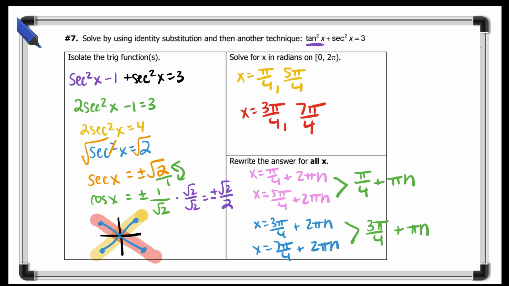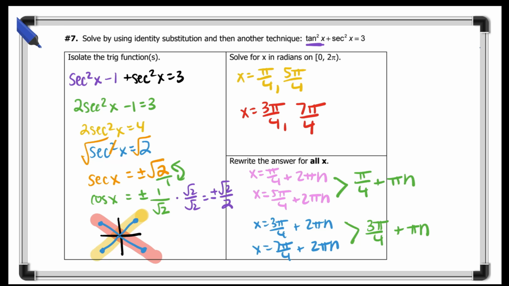If you want to take this even further, and again, remember, this is totally optional, you're going to notice that not only does your answer repeat every 2 pi as well as every pi, depending on your angles here, you also probably have noticed that the trig equation repeats not only every pi, but actually every pi over 2, because it happens to be in every single 45-degree angle, right?